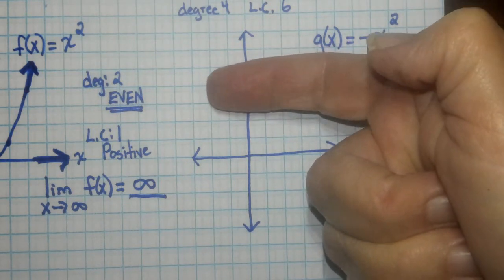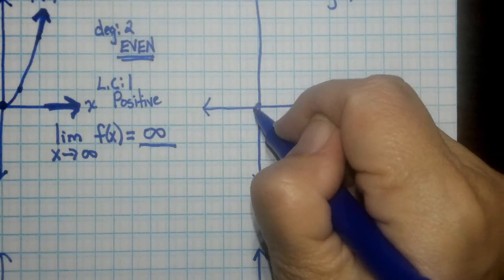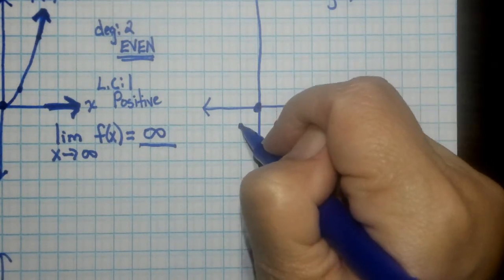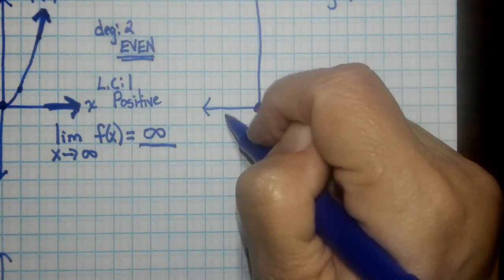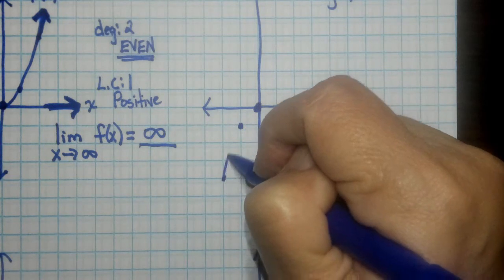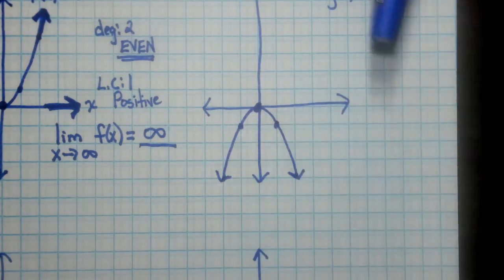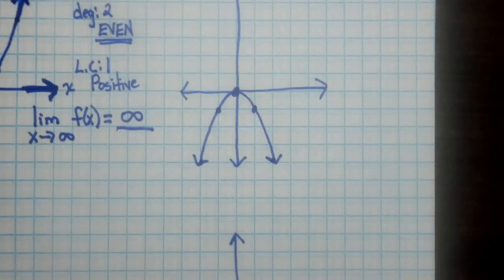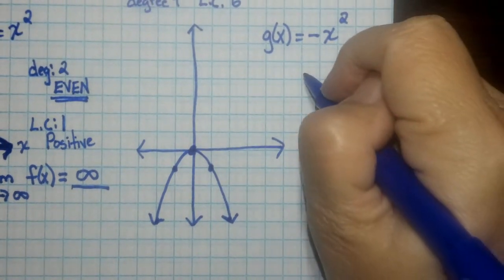So this parabola is going to reflect over the x-axis. So it's going to have the same vertex, but it's going to go through 1, negative 1, and negative 1, negative 1, and negative 2, negative 4, and positive 2, negative 4, and it's going to go like this, right? A reflection over the x-axis. All right, so what is our degree?